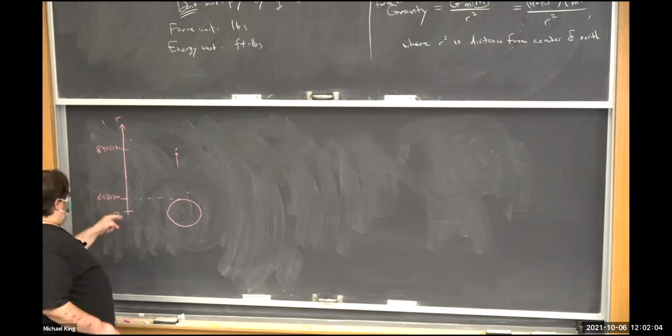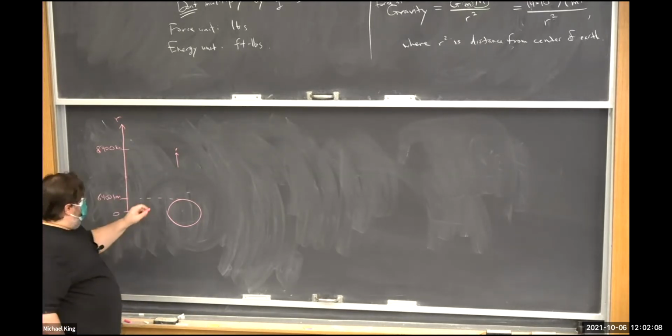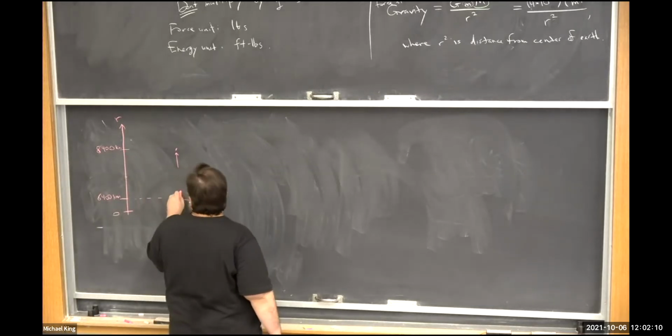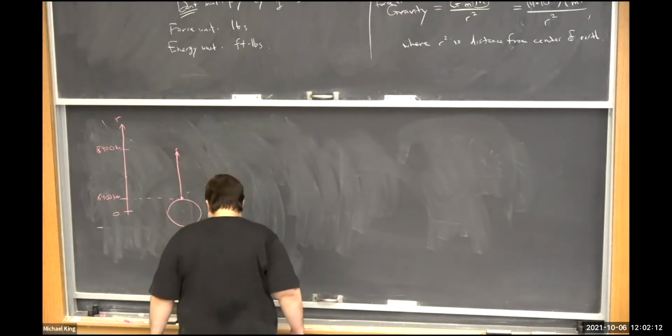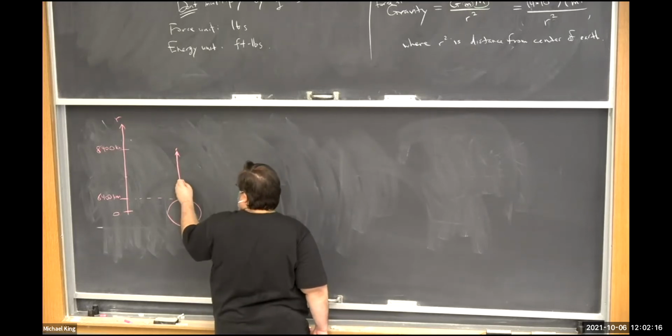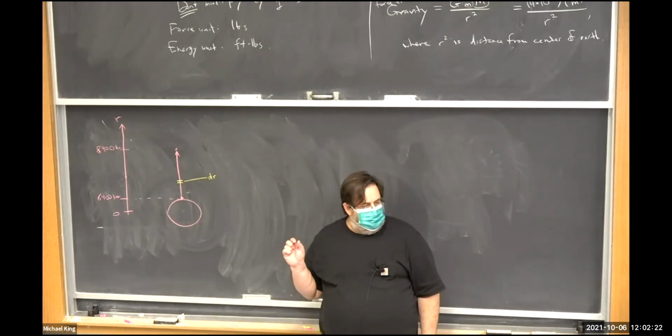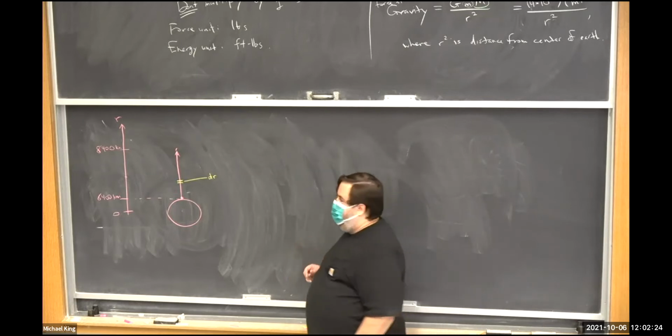So this is definitely not to scale because that's 2,000 kilometers, not 6,400 kilometers. But we want to raise our satellite from here to here. And we have a little dr here, which is a tiny piece of the distance traveled by the satellite, right?